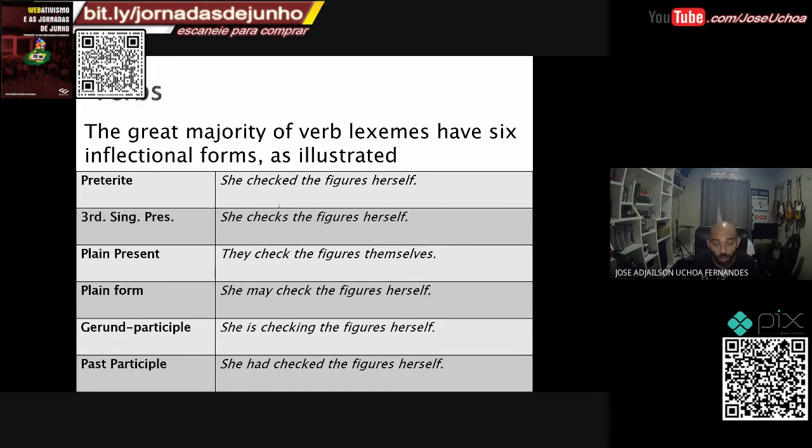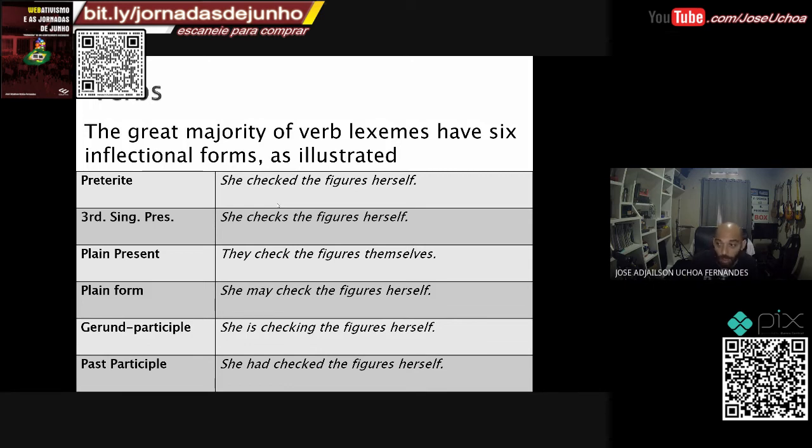Our topic now is the verb, and the forms of a verb that we have. If you know these 6 inflectional forms, you can form and describe any verb tense in English, because all the verb tenses in English are a kind of combination of these inflectional forms.